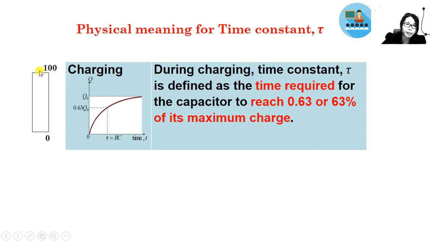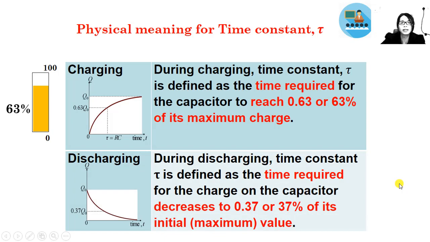For example, I represent it by this bar. Fully charged is 100%. So, during one time constant, we have already achieved 63% of our maximum charge. That is what we call time constant during the charging process.